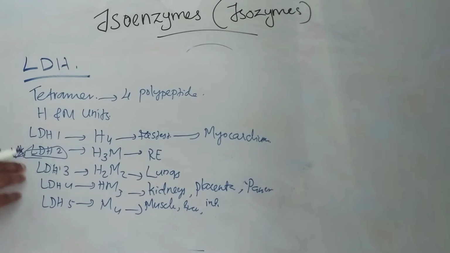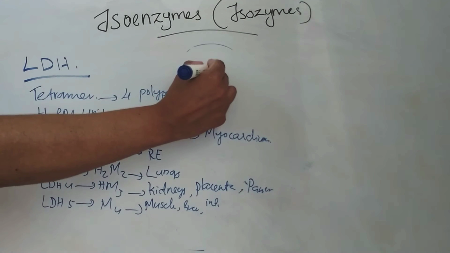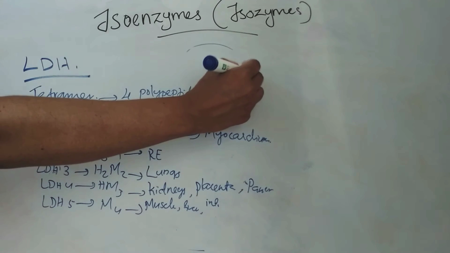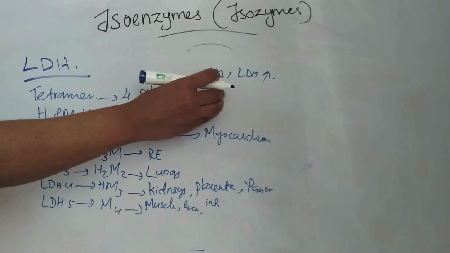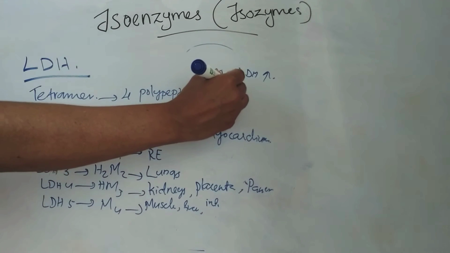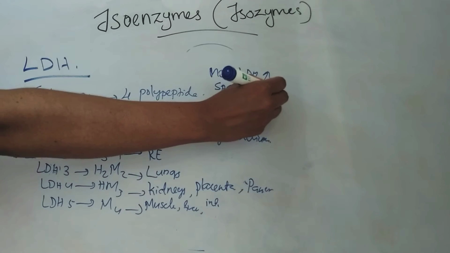After myocardial infarction, LDH1 increases. So LDH1 is the specific marker of myocardial infarction.